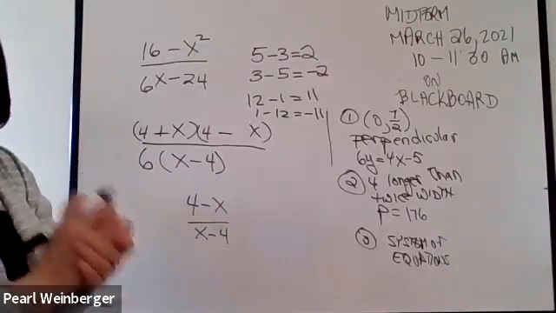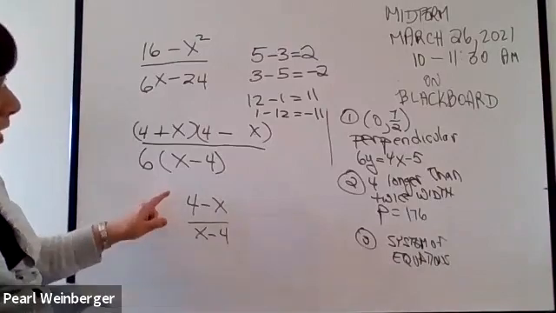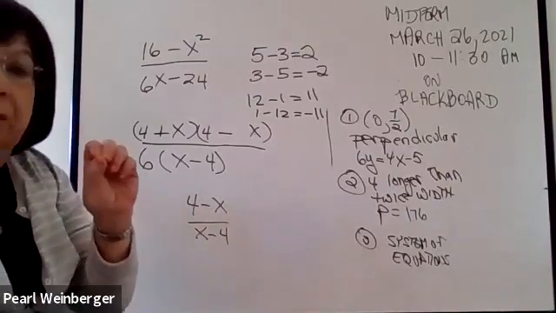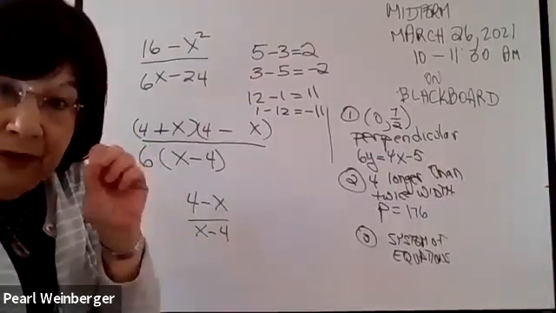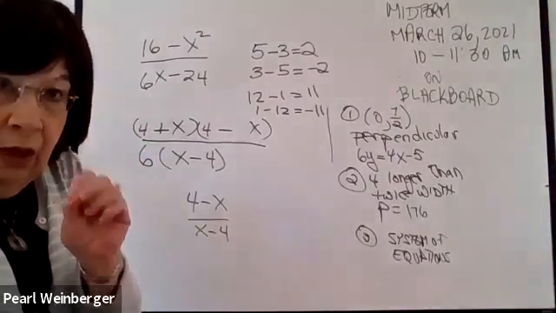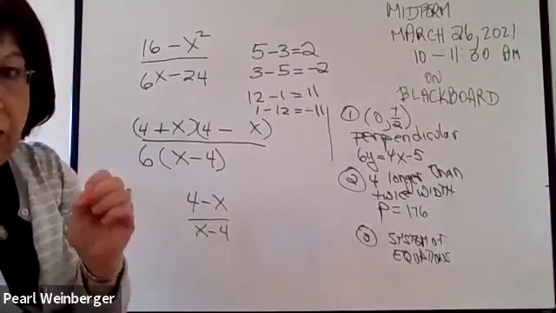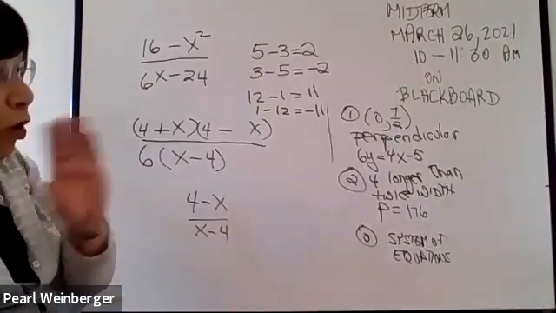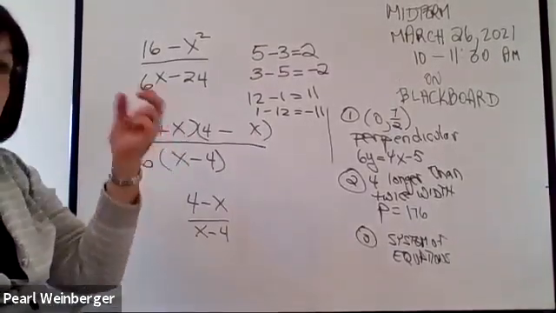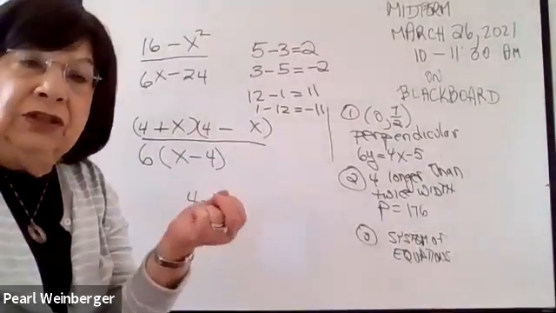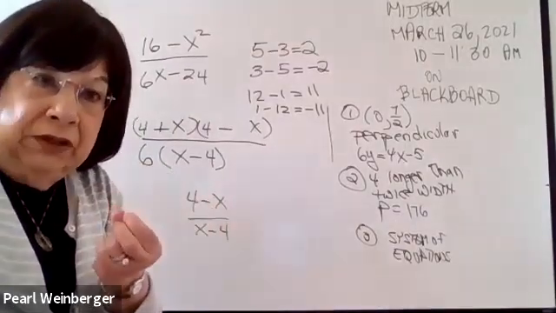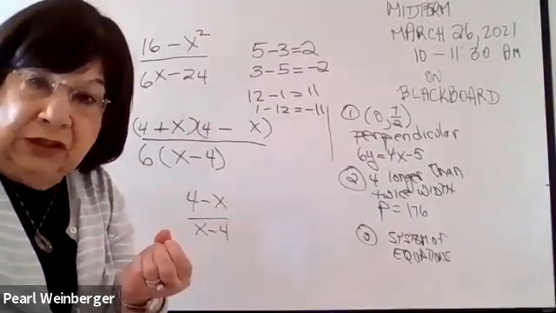Whatever x is equal to, the number on top and the number on the bottom are going to be the same absolute value. They're going to be the same number value, but one is going to be positive and one is going to be negative. That always happens when you switch the order in which you're subtracting. What changes is not the number itself, but just the sign.